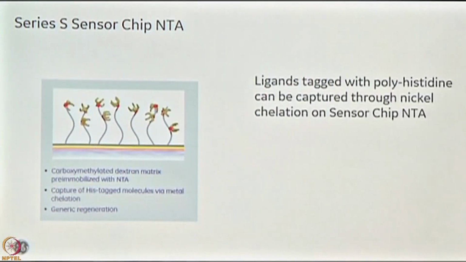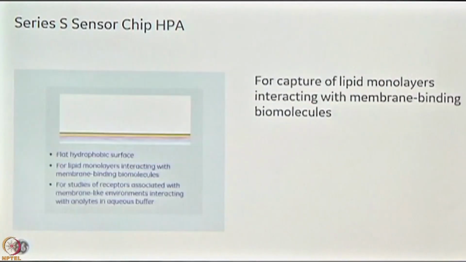NTA, this is for the histidine tag. This is reusable, you can recharge your chip all the time with the regular chemicals that are available for NTA columns. HPA, this is for hydrophobic interactions. You can coat your hydrophobic proteins on here.